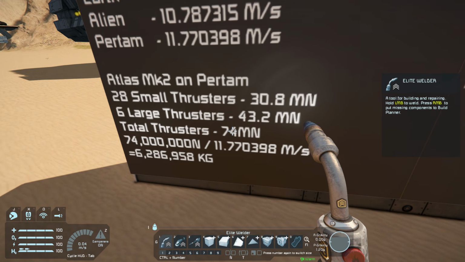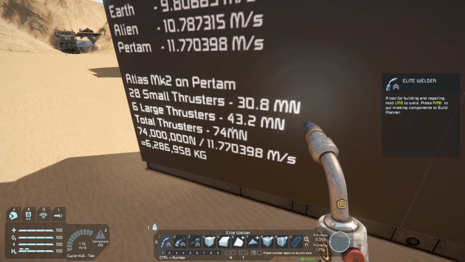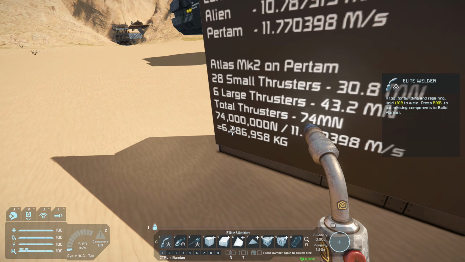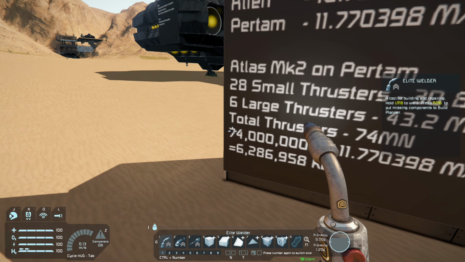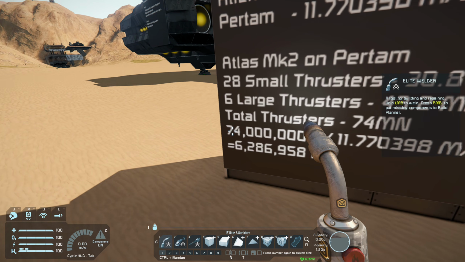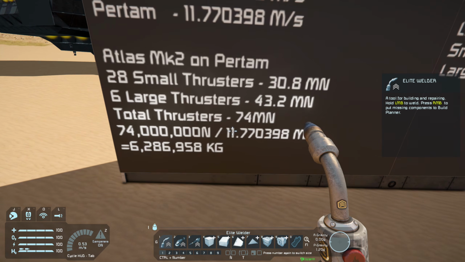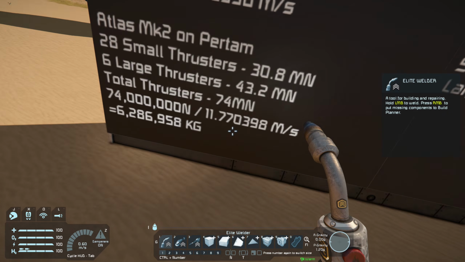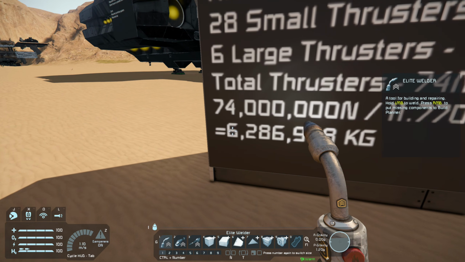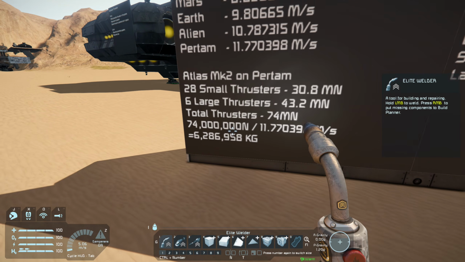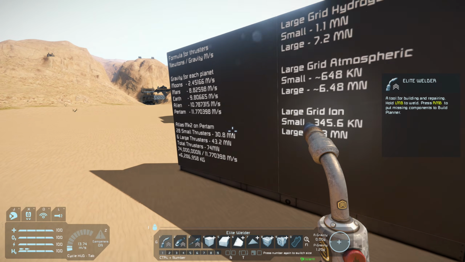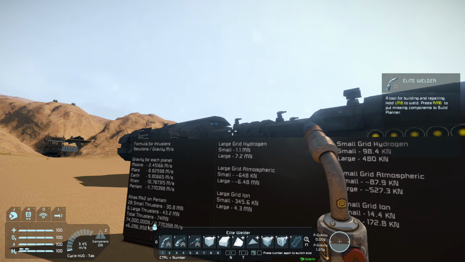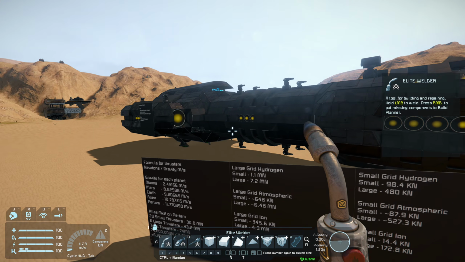A meganewton is 1 million newtons, so this works out to be 74 million newtons. So you go 74 million divided by 11.77, as that is the gravity of this planet, and we come up with a value of 6.286 million kilos. That is what these thrusters can actually lift.